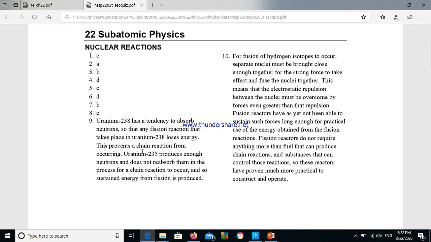This prevents a chain reaction from occurring. Uranium-235 produces enough neutrons and doesn't reabsorb them in the process for a chain reaction to occur, and so sustained energy from fission is produced.